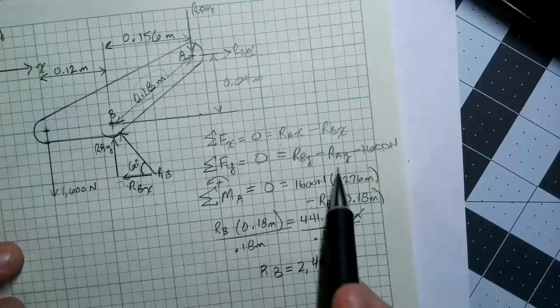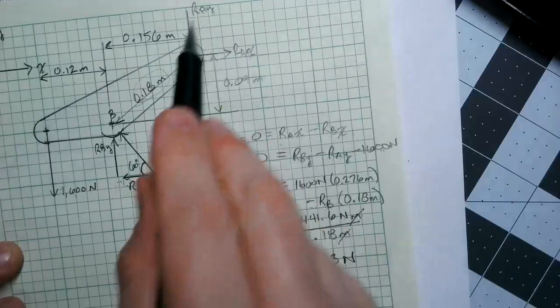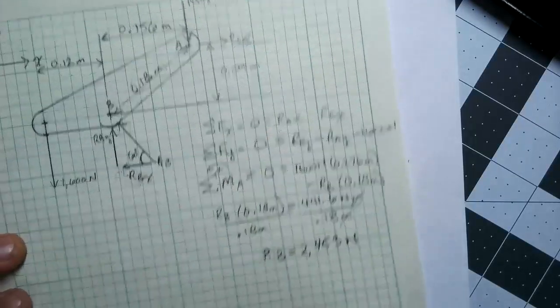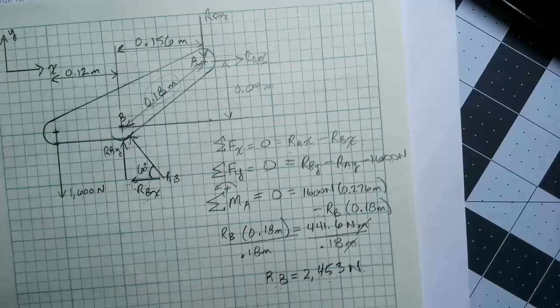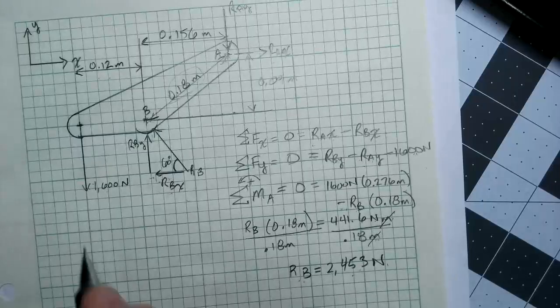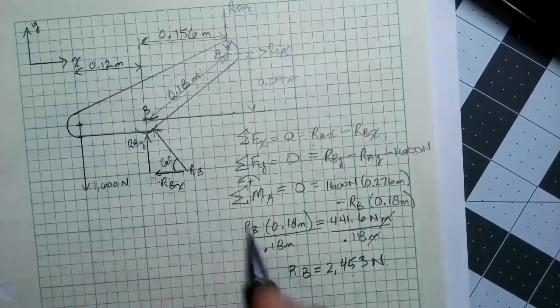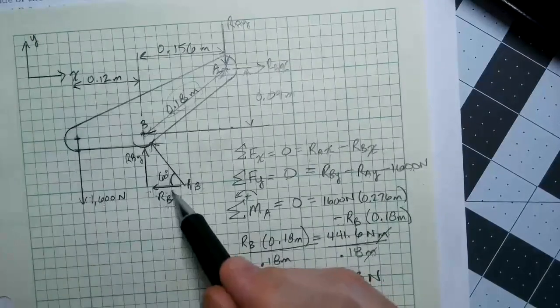Now, to get the other ones figured out and find the net reaction at RA, what we will need to do is convert RB into the components. Let's do that over here. Remember, that's where this 60 degrees comes in.